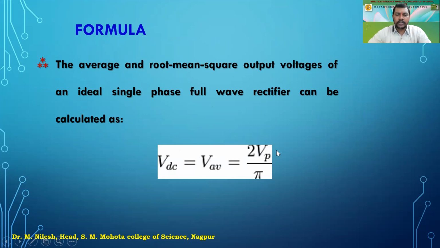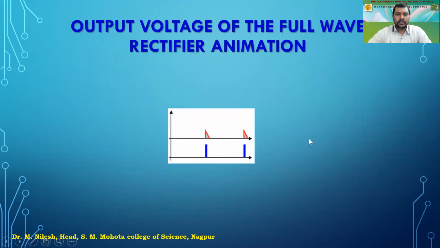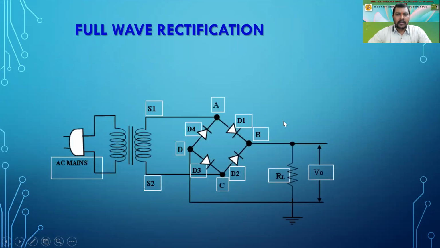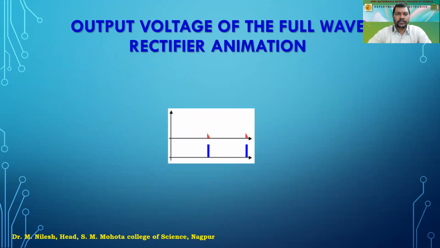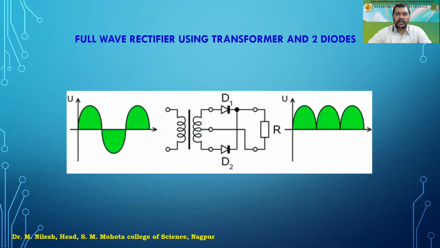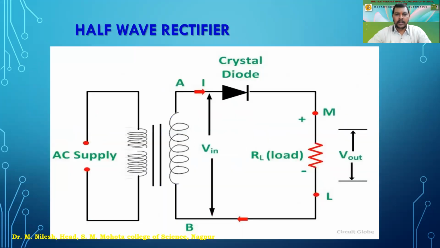Here you can see it is twice Vp by pi because the full wave is rectified. Okay, and Vrms is equal to Vp by root 2. So this is how the full wave is rectified. Okay, and this is a full wave bridge rectifier. So this is what we will continue in the next lecture. I guess this is understood.